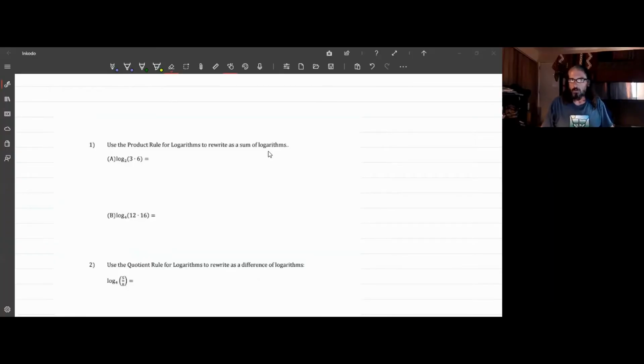All right, let's check out some exercises that involve using properties of logarithms. This first one, with two parts, we're supposed to use the product rule for logarithms to rewrite as a sum of logarithms.